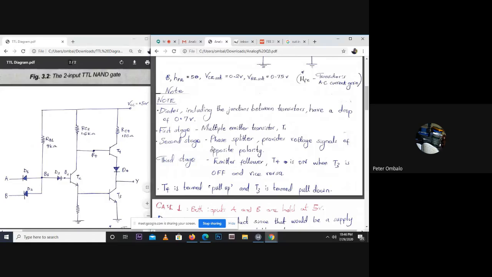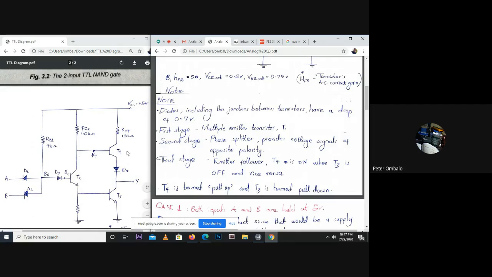It's called the phase splitter. The phase splitter provides voltage signals of opposite polarity. So the branch just below RC2 that goes to B4 provides an opposite polarity to the branch after transistor T2. That means that T4 and T3 will always operate oppositely.